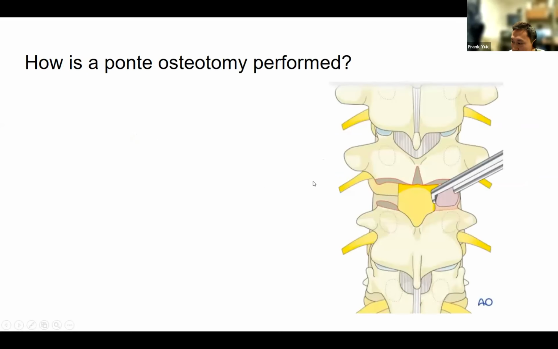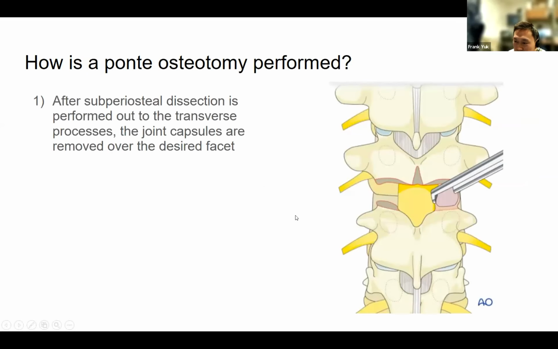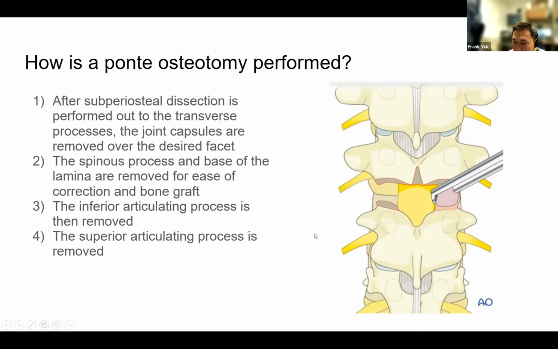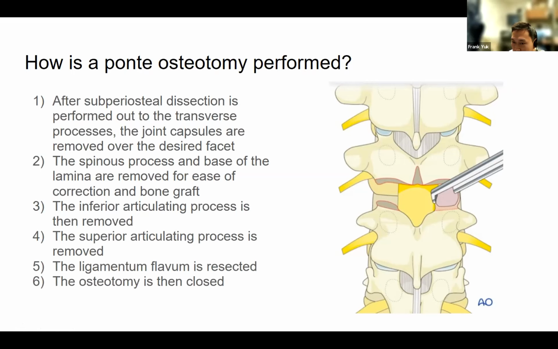And so how's a Ponte osteotomy performed? And so after subperiosteal dissection is performed out to the TPs, the joint capsules are removed, the spinous process and the basal lamina are removed, and then the inferior articulating process is then removed, and then the superior articulating process after that, which is hidden underneath the IAP, and then the ligamentum flavum is resected, and then the osteotomy is closed.